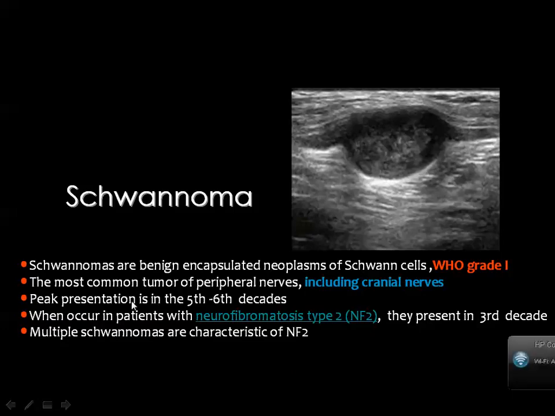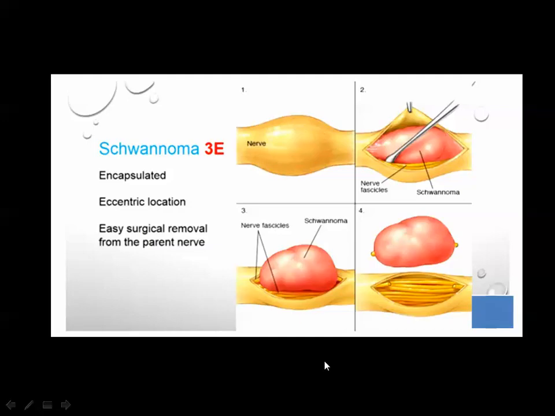The peak of presentation is between the fifth and the sixth decades, and if it is a part of neurofibromatosis type 2, it can be seen in younger persons in the range of the third decade. Multiple schwannomas are characteristic of neurofibromatosis type 2, especially the acoustic neuroma.